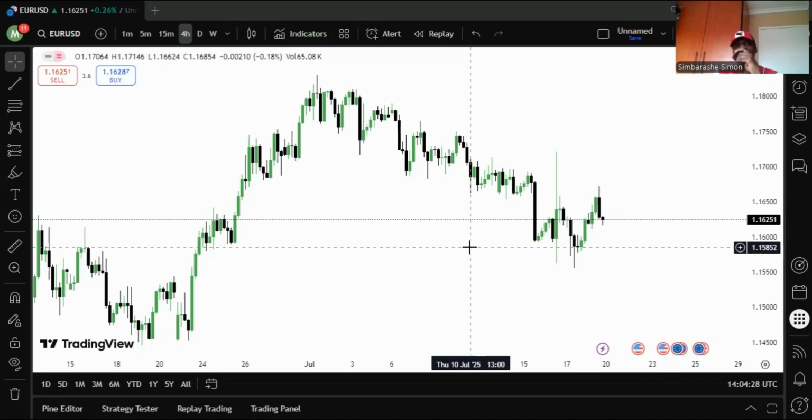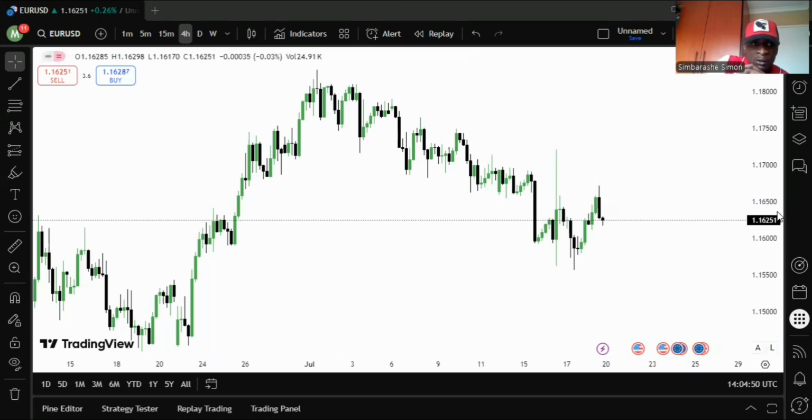Yes, from, let's say, weekly and daily, I can use the zones again, but I don't have to mark them on my charts. I'll just confirm that, okay, the market maybe is reacting on supply or demand. Then that's all. But not always I have to mark it. But mostly I mark 4 hours and 15 minutes. Let me just get on the chart and show you.